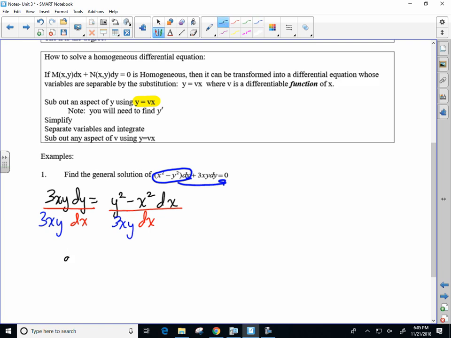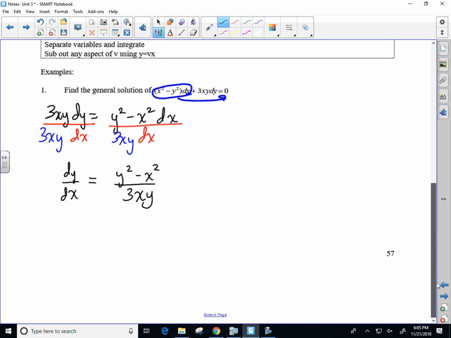So this would become dy dx equals y squared minus x squared over 3xy. All right. So you're like, oh, okay, I'll just take the antiderivative of that. Well, good luck, because it's not solely in terms of x. It's not solely in terms of y. There's no way to break apart the x from the y.